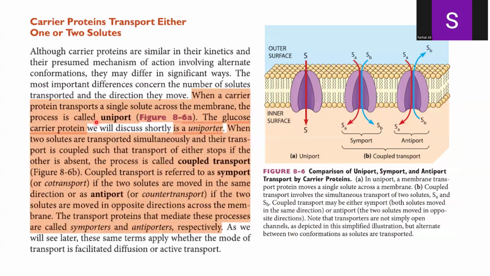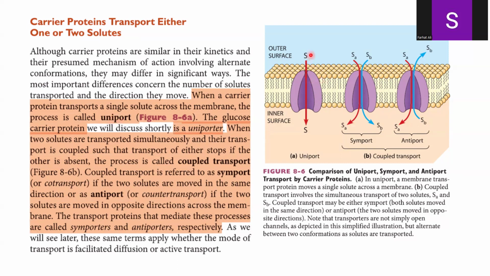Now, the carrier proteins can transport substances in different manners. One way is that the transport proteins can transport the molecules in such a manner that only one solute molecule is transported in a given direction. This is called a uniport process.